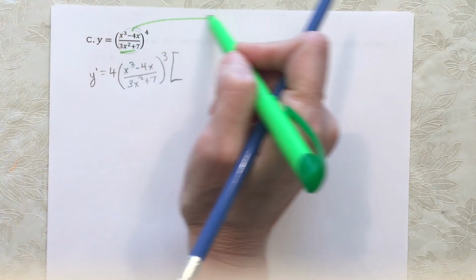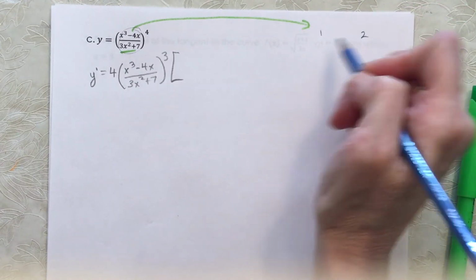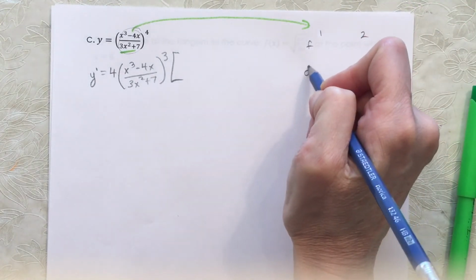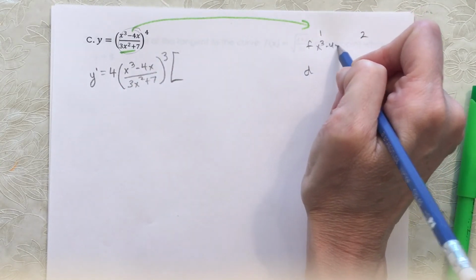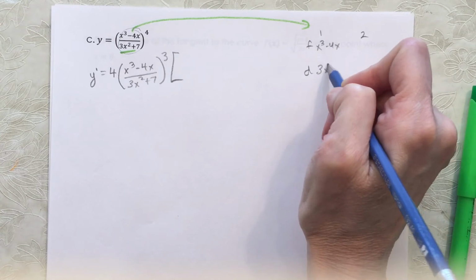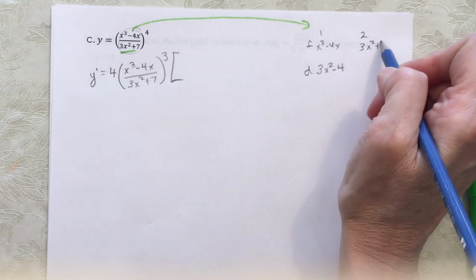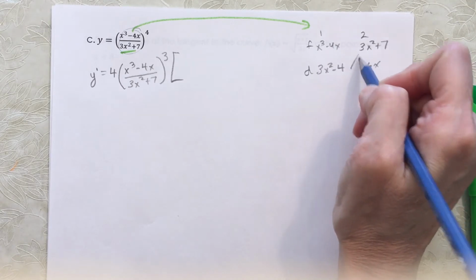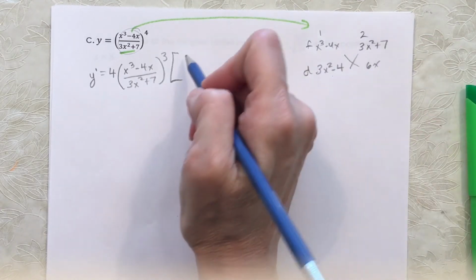So inner derivative is going to require me to make a chart. My first function is x cubed minus 4x, and the derivative is 3x squared minus 4. And the second function is 3x squared plus 7, and the derivative is 6x. So in the quotient rule, you have derivative of the first times the second.